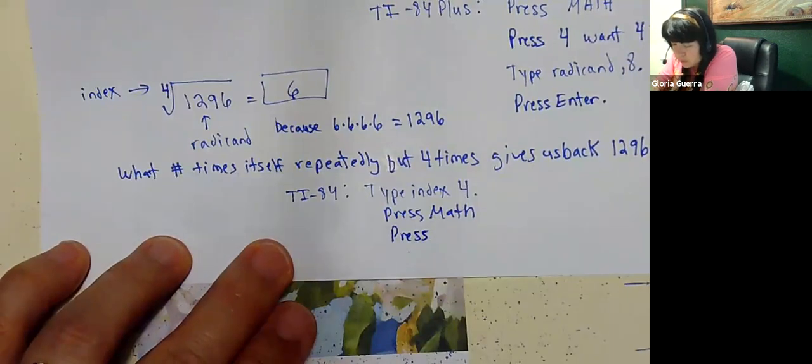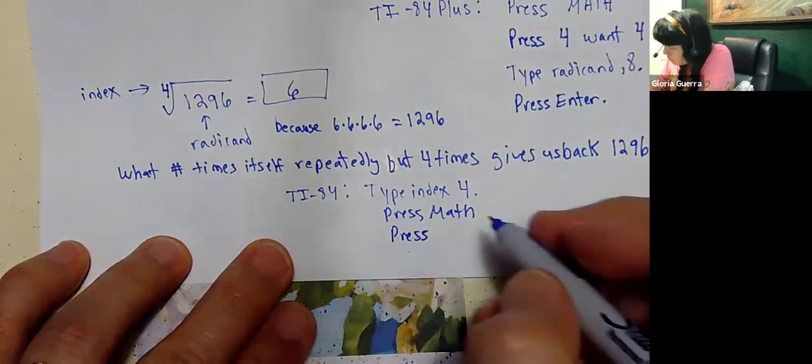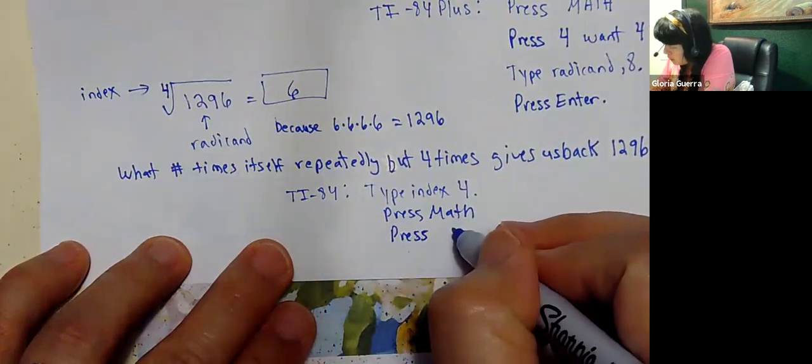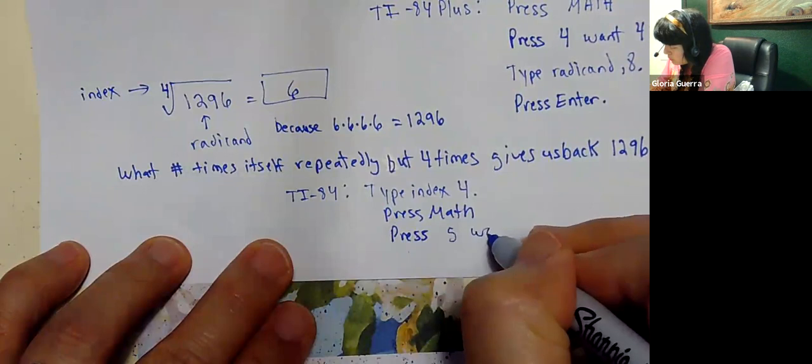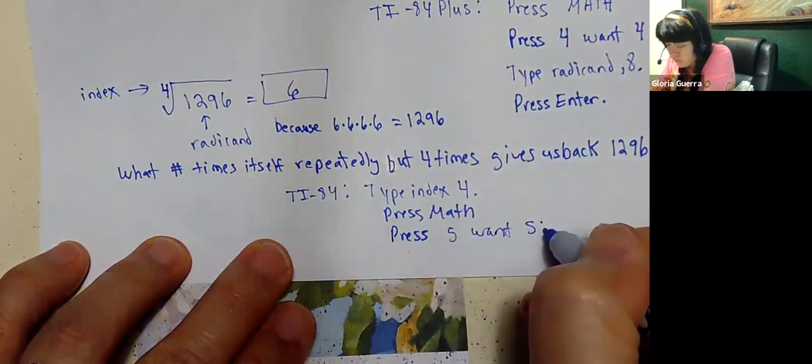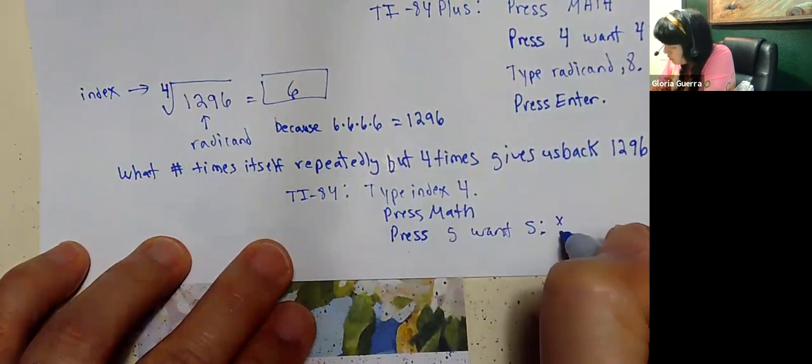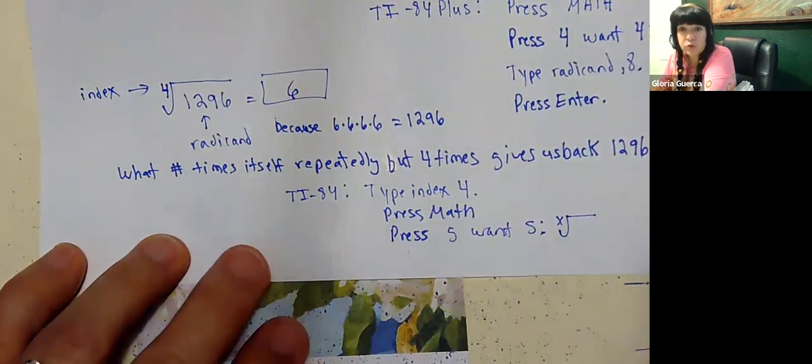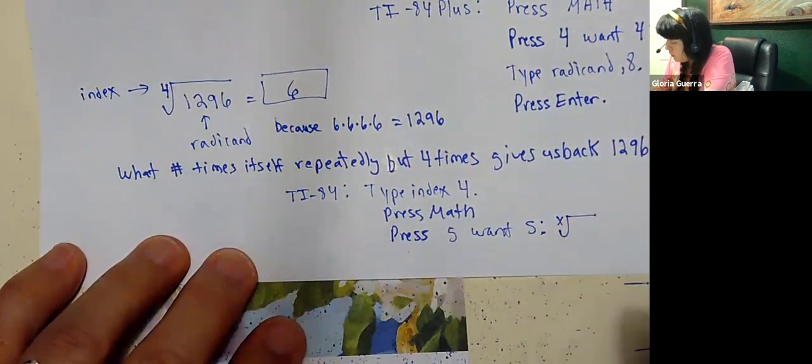So type the index 4, press math, yep, and then press 5 because you want this generic X here, which will turn into a 4 when you type that.